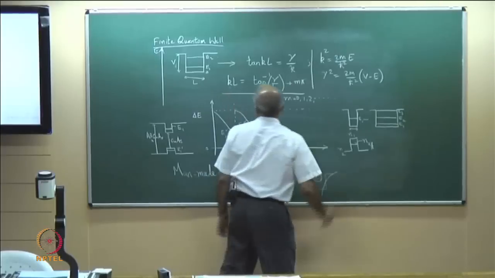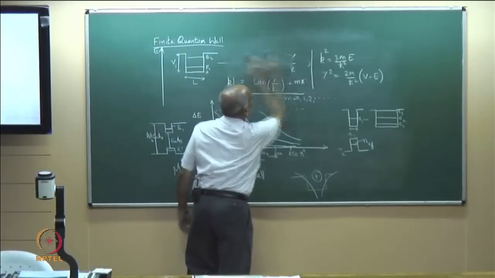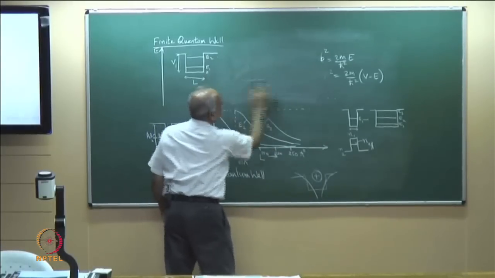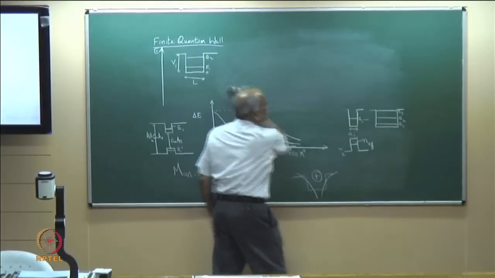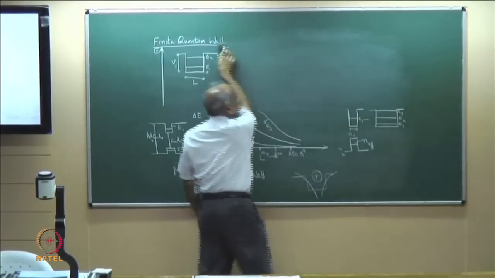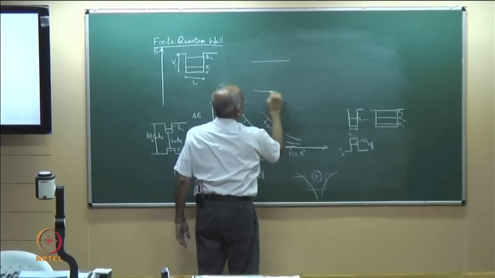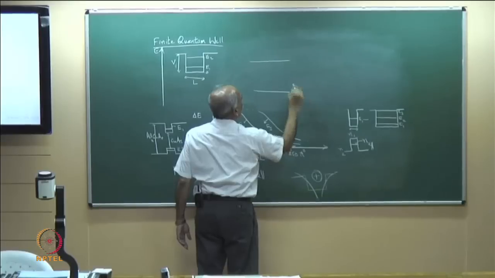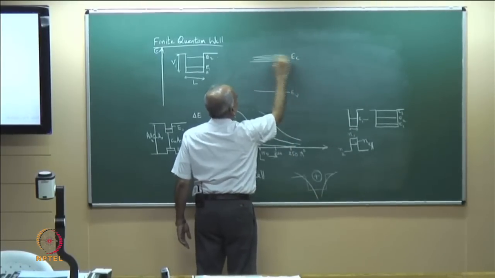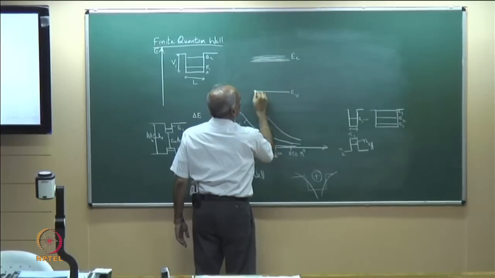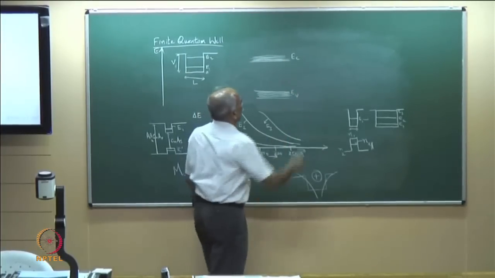Please see, okay, I have to erase some things. Let me rub these. When we draw the energy band diagram, EV and EC for a bulk semiconductor, we understand that there are a large number of allowed states here and it forms a band.